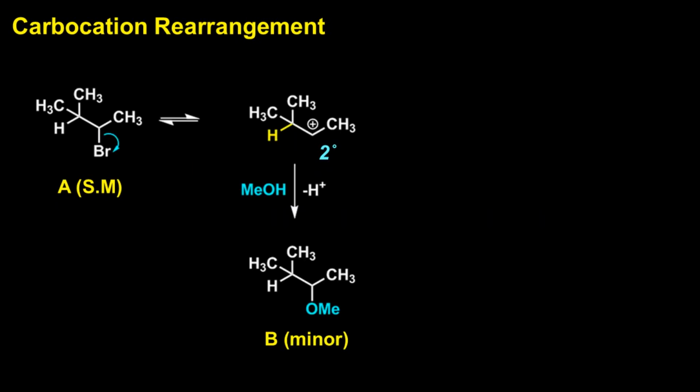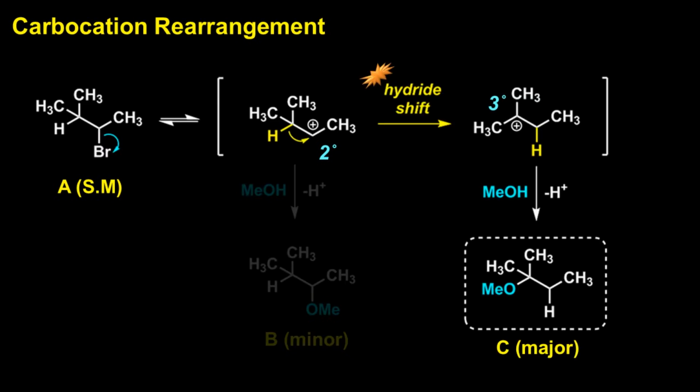First, bromine leaves, forming a secondary carbocation, as expected. At this stage, methanol could immediately attack, giving us compound B. But before that happens, there's a twist, a hydride shift. Here's what's going on. A hydrogen from the neighboring carbon shifts over, carrying its bonding electrons.